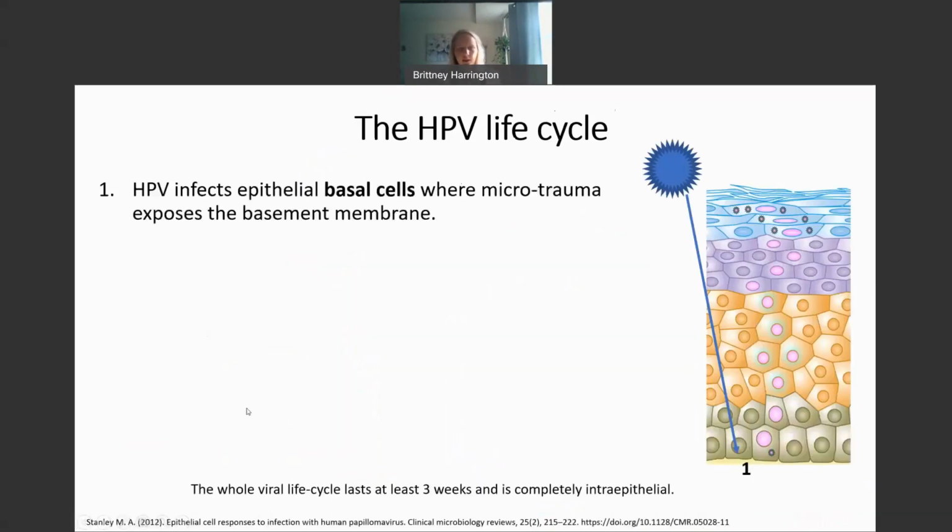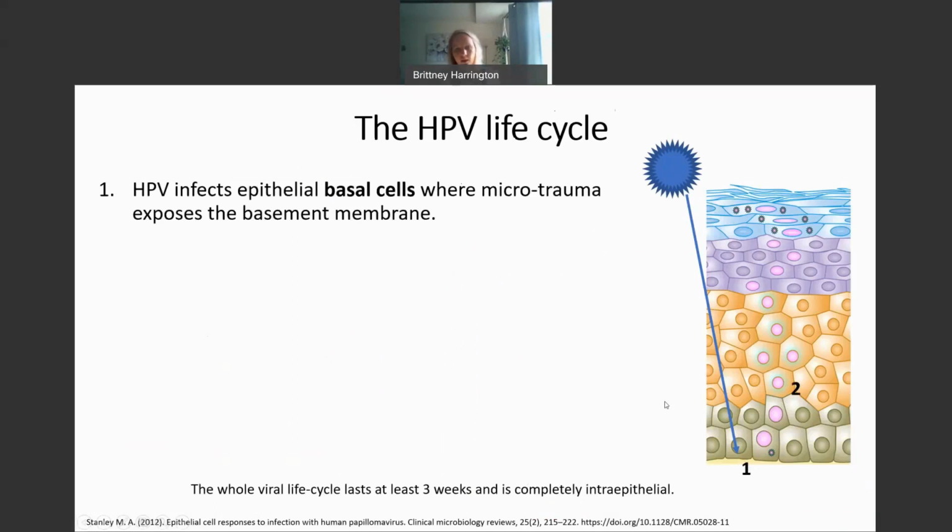So first, the HPV infects at that basal layer. It doesn't infect in these keratinocytes that are without a nucleus and desquamating. It really is the exposed basement membrane where the HPV infects.